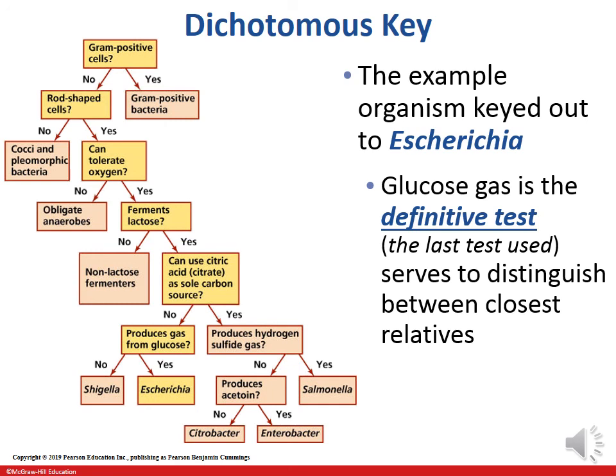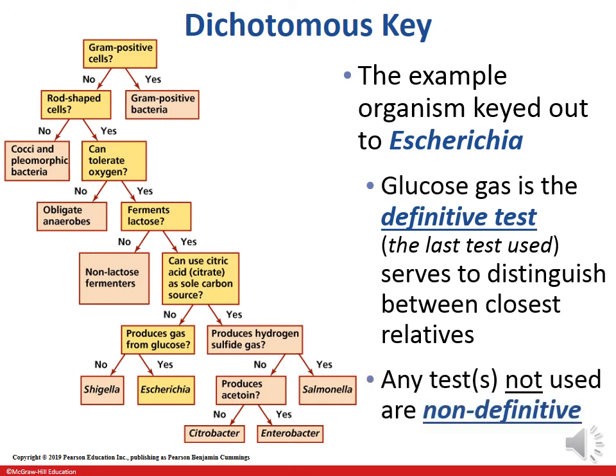That makes it definitive. Now, every test we used along the way was definitive, but when they ask for the definitive test, they mean the very last one. But that also means that anything we didn't use is considered a non-definitive test. So when you're using a dichotomous key, it's very helpful to not only mark on the key which choice you made to move on to the next question, but also go to your data list and your lab results and check things off as you use them.